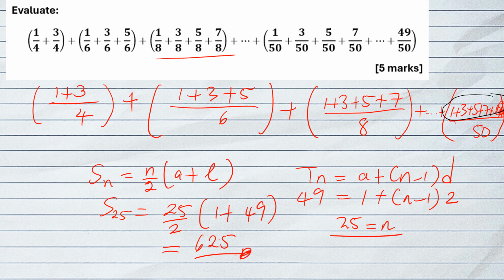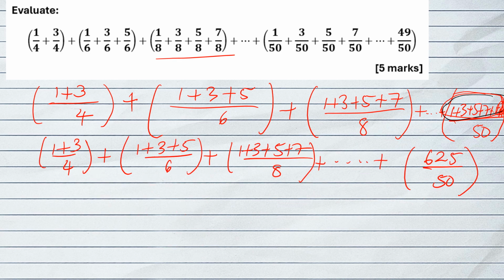So it means when you add the numerators on top of the last term, they sum to 625. So we can rewrite that last term as 625, which is the sum of all those values on top, divided by 50. Okay, so at this point we have reduced that whole last term expression.